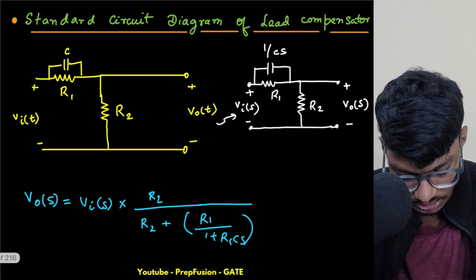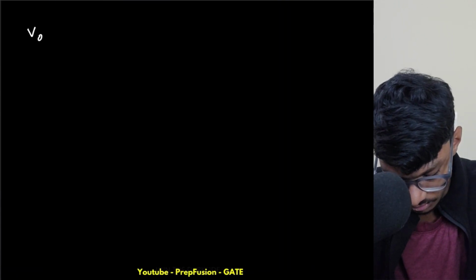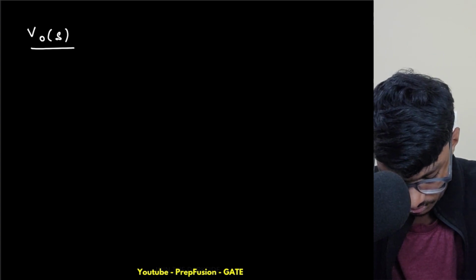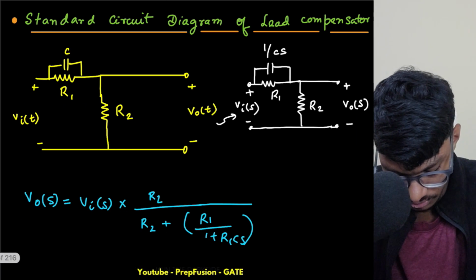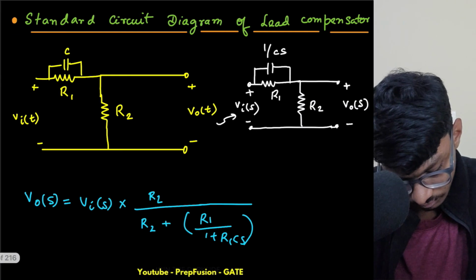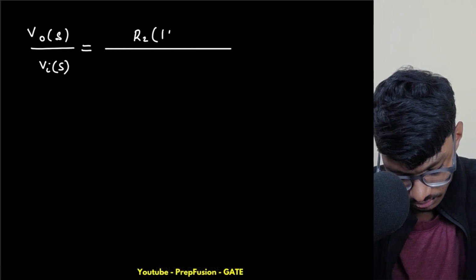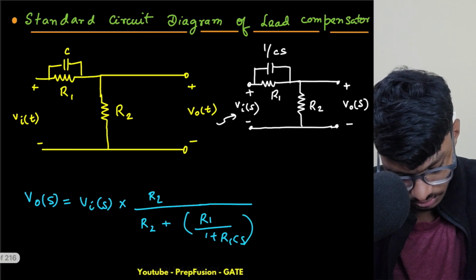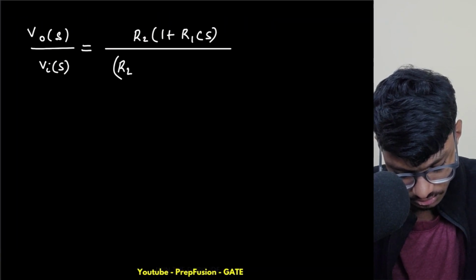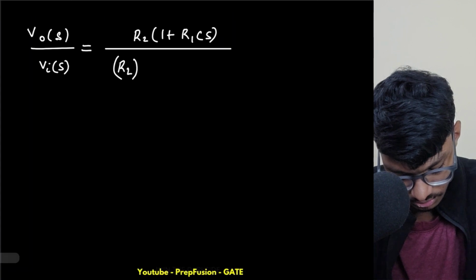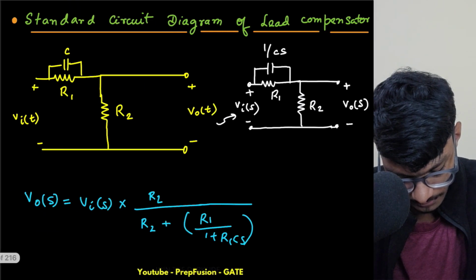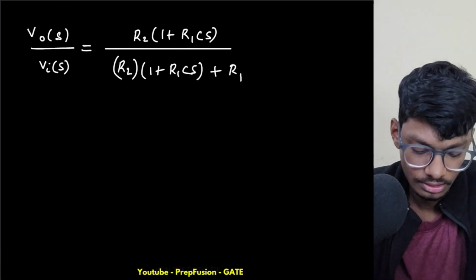Now I can further simplify this, that my V naught of s upon Vi of s is R2 into 1 plus R1 Cs, divided by R2 plus R1 R2 Cs plus R1. Okay, so this is the thing.